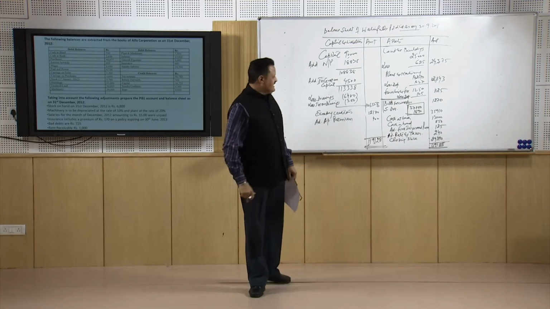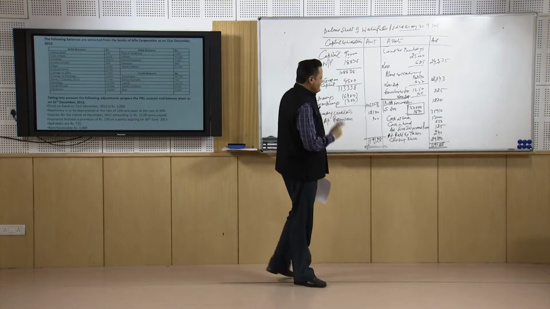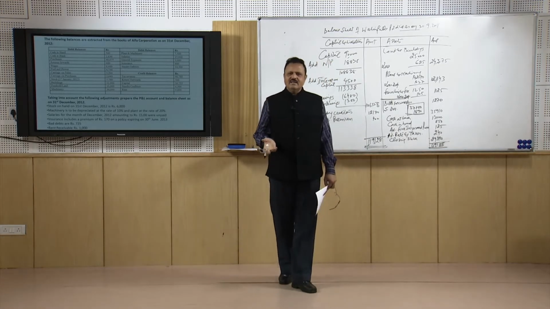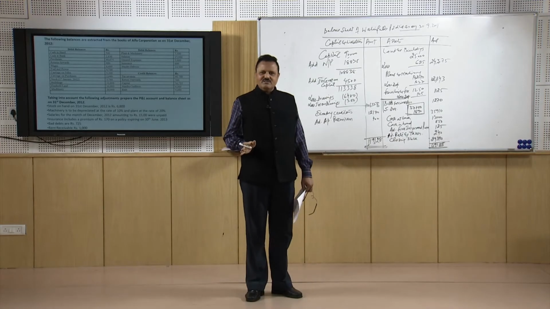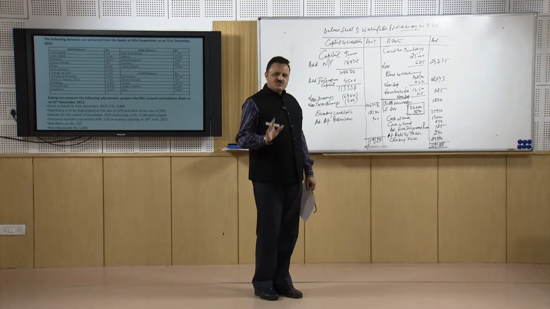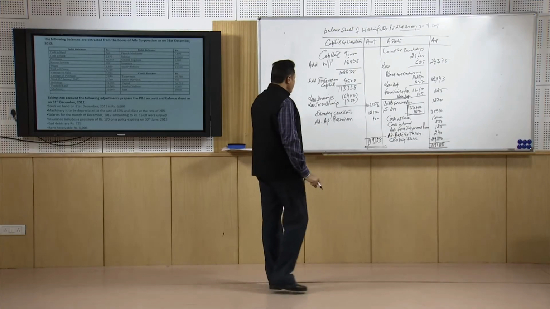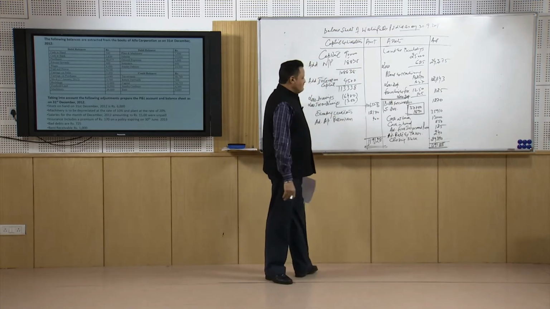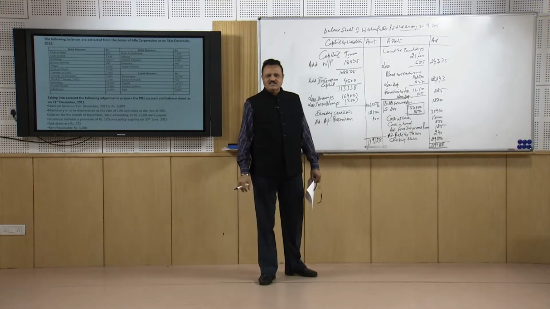So we have to be very, very careful that our format should be correct, and then figures should also be correct, but in any case if there is some problem in the figures, that is acceptable, but the format should be very, very correct. Now we will come to the liability side for a while and I will discuss certain things with you.